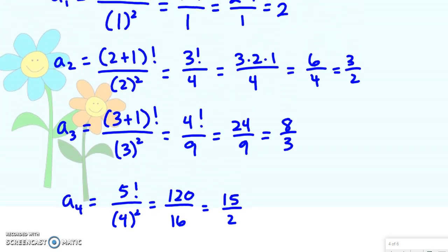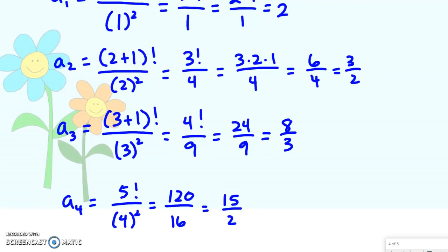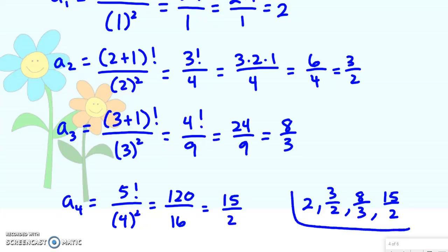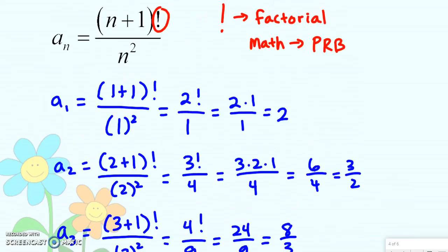Okay, so my sequence: 2, 3 halves, 8 thirds, 15 halves. And again, this factorial button was Math, PRB, and then it was number 4.